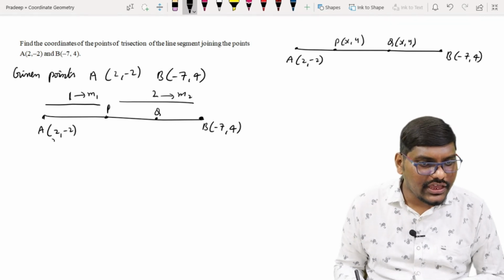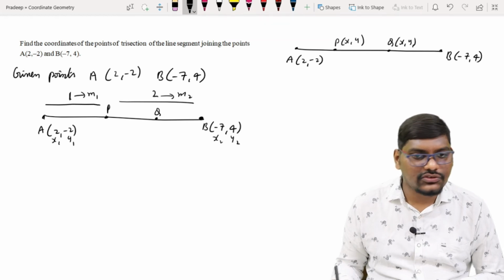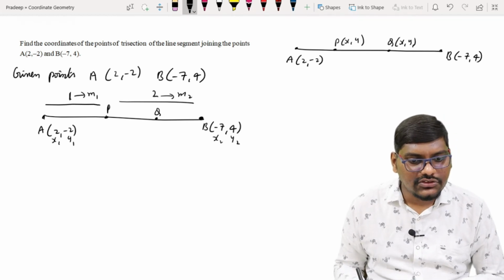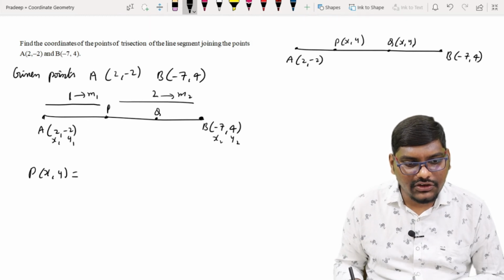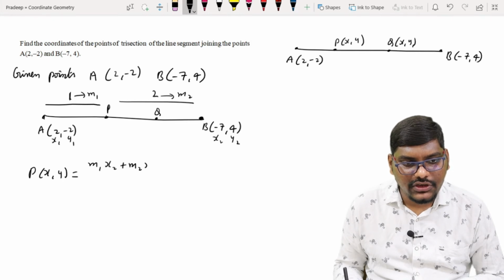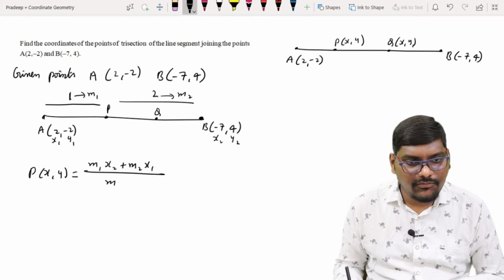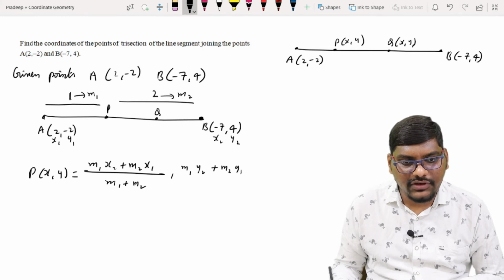This A is x1 y1, this is x2 y2. So we'll substitute in the section formula. The formula we know: P x comma y is equal to m1 x2 plus m2 x1 by m1 plus m2, and the next is m1 y2 plus m2 y1 by m1 plus m2.